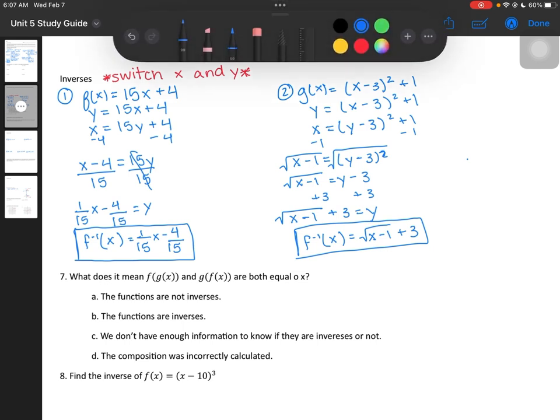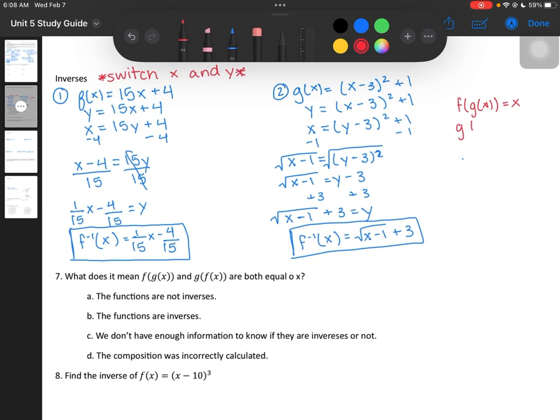Okay. So a couple more things about inverses that I want you to remember. The first is that if we need to verify an inverse, we have 2 conditions that we need to meet. So if f of g of x, so when we compose it one way, equals x, and then if we compose it another way, and it also equals x, then the functions are inverses.